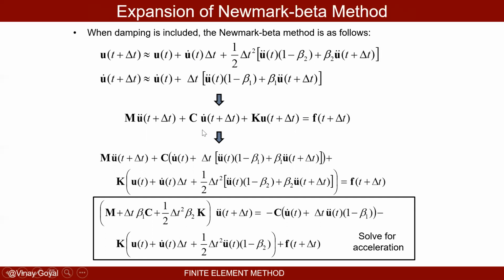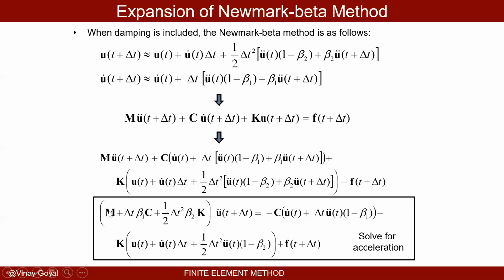You can then progress this further. So u dot, you can plug all this in there, right? And then for u, you can plug this whole thing there, and then solve for u double dot, so the acceleration at the very next time step.